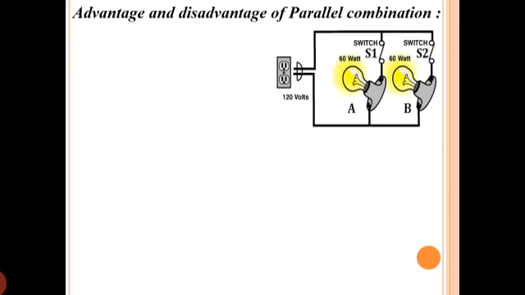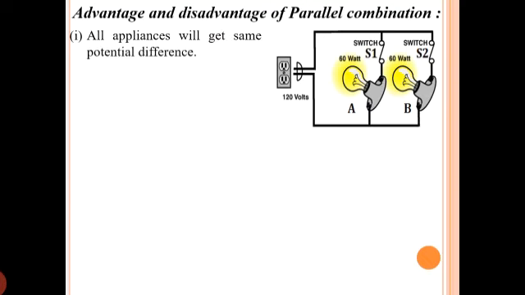In the circuit, you can see there are two bulbs A and B. Now they are connected in parallel, with a 120 volt power supply, and bulb A is connected with switch S1, and bulb B is connected with switch S2, and you know this is possible.